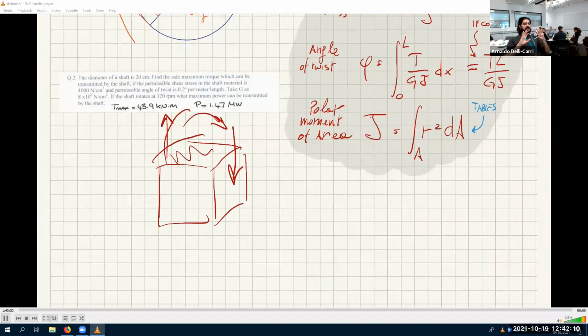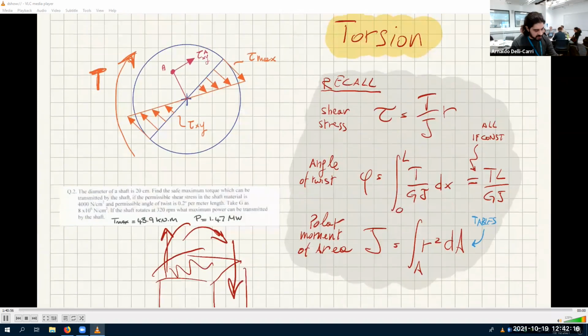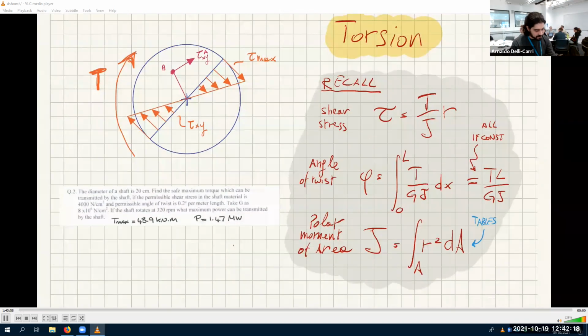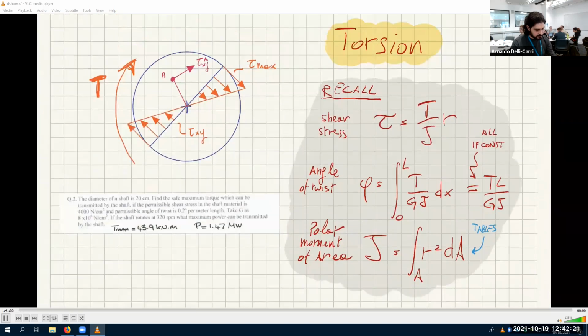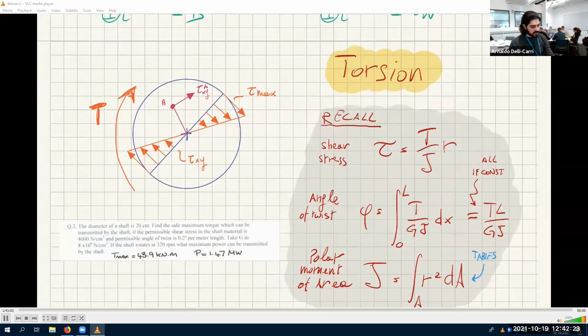Torsion, instead of happening outside of the section, the stress happens inside the section. As I'm saying here, it's much easier to draw because everything is 2D. You see, you have that this T, which is the twisting torque, is being distributed over the area in a linear way, exactly like the bending stress.